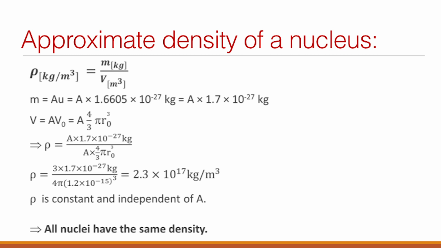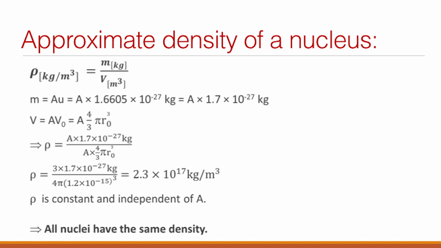The volume of the nucleus is equal to A V0, where A is the mass number and V0 is the volume of each nucleon, equal to A times 4 over 3 pi R0 cubed. Also this relation we have seen before. So rho, or density, is equal to A times 1.7 times 10 to the power minus 27 kilogram, the mass, over the volume, A times 4 over 3 pi R0 cubed.